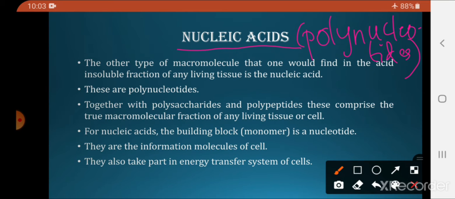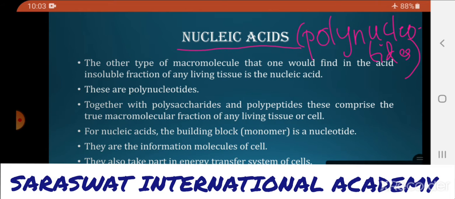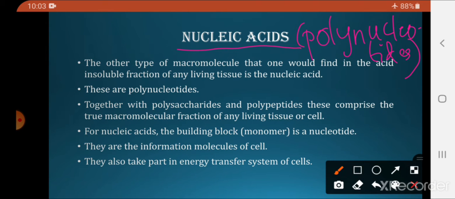It means it stores the information. And RNA basically will be involved in the expression of the information. RNA basically copies the information from the DNA, and then the genes will be expressed in the presence of the RNA.